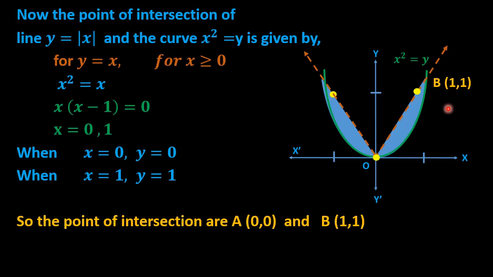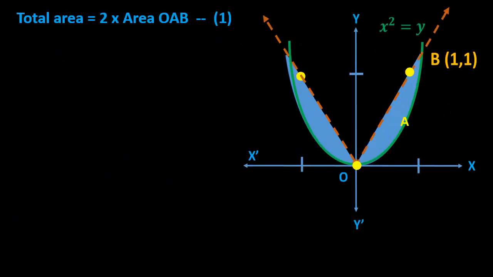So after finding the intersecting point, now we calculate the area between this line and the parabola. As I have already explained to you, the total area equals 2 into the area of OAB.